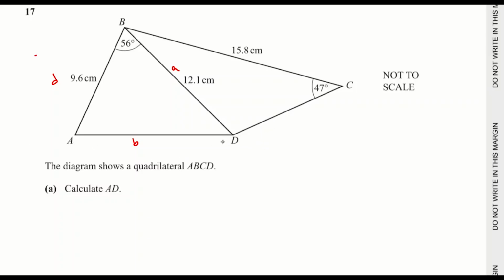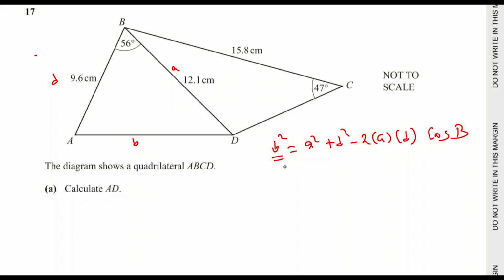So that will be b squared equals, we have a and d now, a squared plus d squared minus 2 times a times d, then cos of the angle, cos B. It is pretty easy to recall the cosine rule using this format.